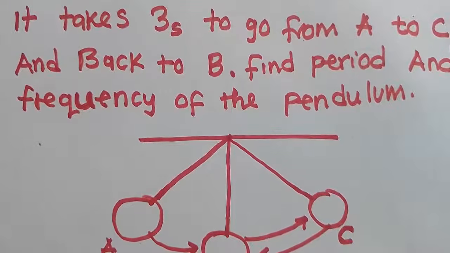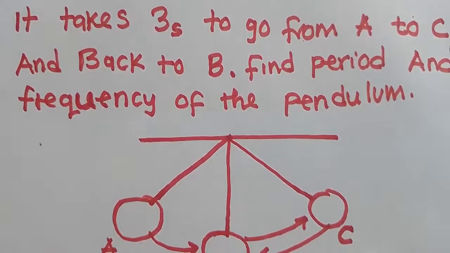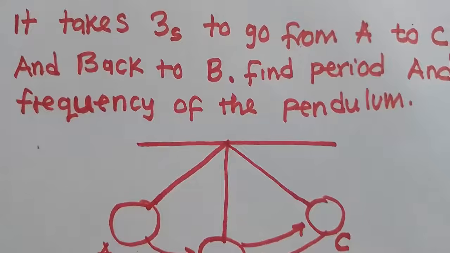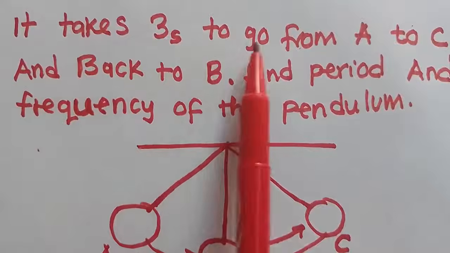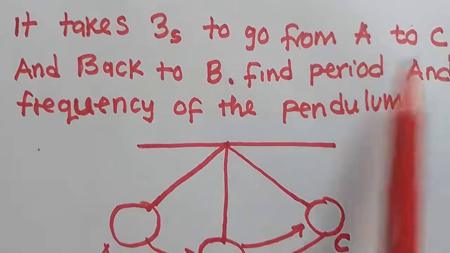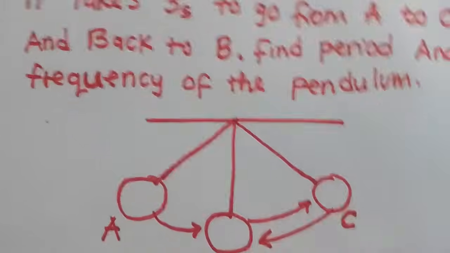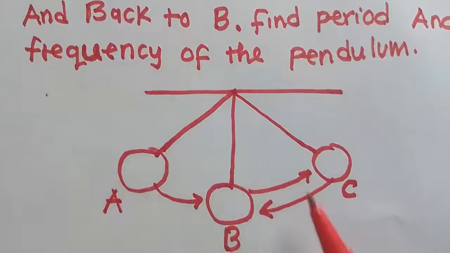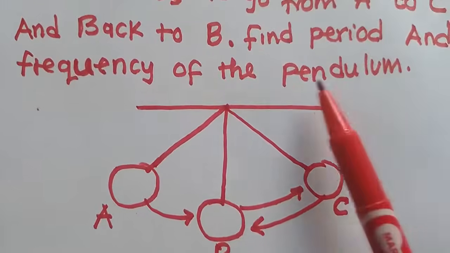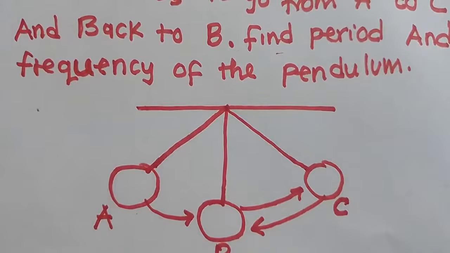This is a question that we are having here. How can we answer this question? We are going to answer this question together. I'm going to make it very simple so that we all understand. So this is what we are given. The question says, it takes 3 seconds to go from A to C, and back to B. Find period and frequency of the pendulum.